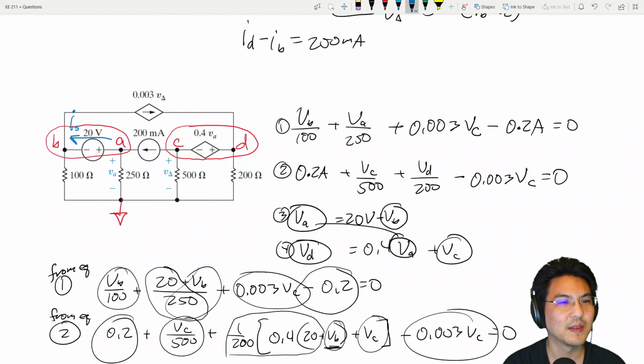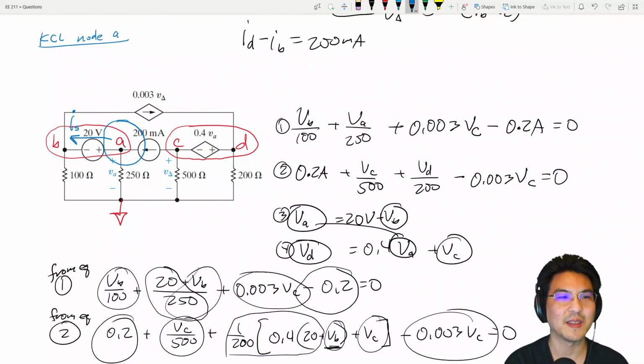Okay, so what we could do is we could write KCL for this node, KCL for node A. All right, so that would be IS minus 200 milliamps plus the current going this way, which is VA over 250.